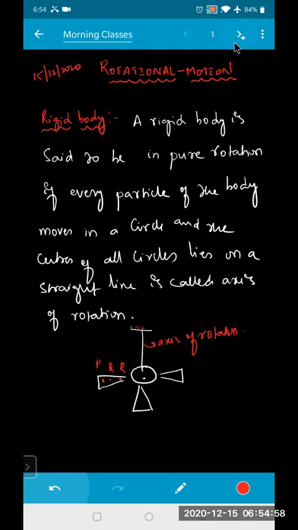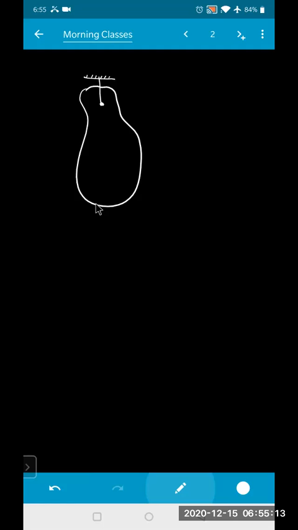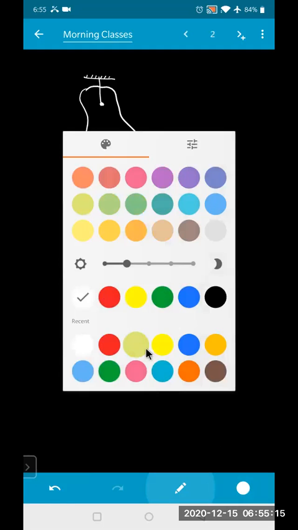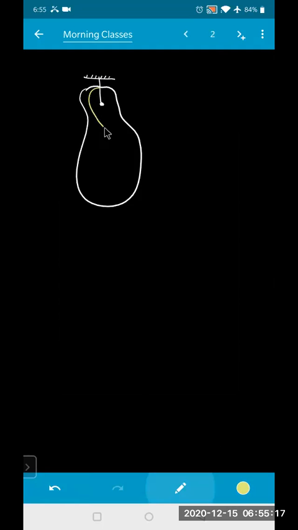Yes, sir. Even if I take a rigid body like this, for example, suppose this is a rigid body which is right now fixed here. Now you start rotating it, and after some time, for example, this body has come to this position.